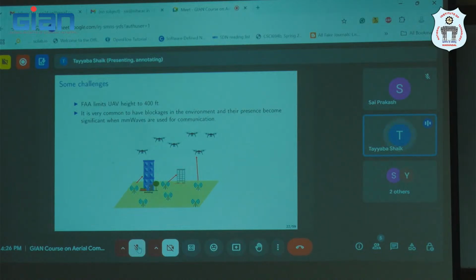So given that constraint of UAV height deployment, the links between the UAVs and the users on the ground are also blocked by the buildings, any tall buildings in the urban areas for that matter. So those links are also susceptible to blockages, especially when we are using millimeter waves for the communication. Millimeter waves are more susceptible to absorption, right?